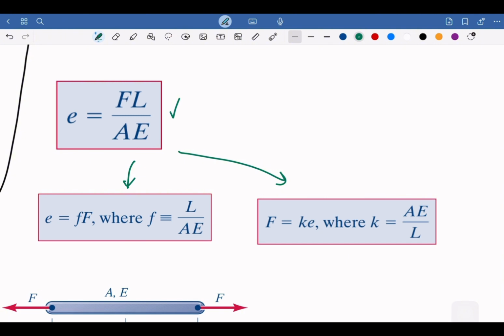For example, we can write in terms of the small f, where f is L over AE, or we could write in terms of K, which is AE over L. The f we call the flexibility coefficient.